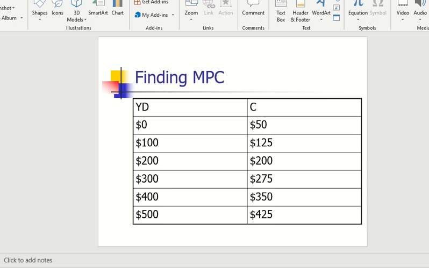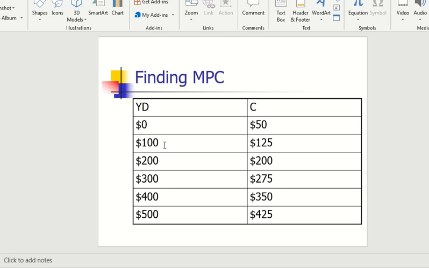So let's do a very short exercise. In this exercise, we are given different levels of disposable income, and we are given the corresponding consumption. So when the income is 0, consumption is $50.